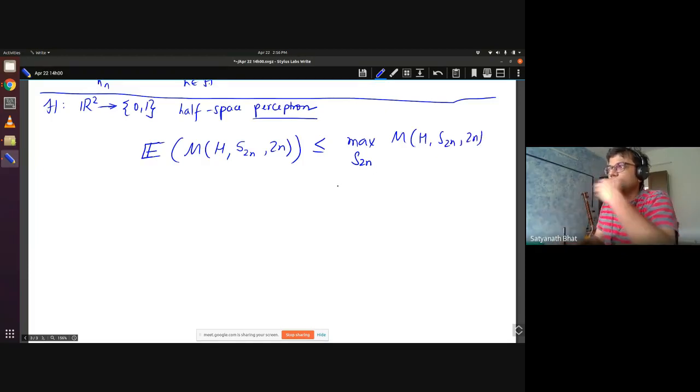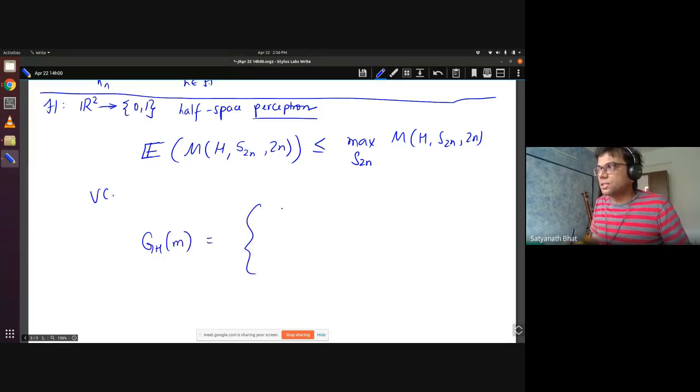Now, what is the VC dimension? What is the VC theorem saying? The VC theorem says that the growth function G_H of M has two regions. In one region, you have M ln 2.